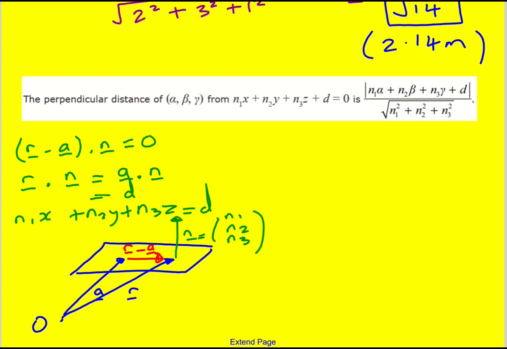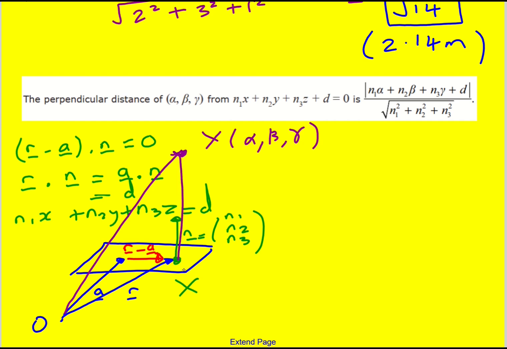So now I've got my point here, which I'm going to call X. And then I've got some other point up here, which I'm going to call Y. And this is going to have position vector, or coordinates, alpha, beta, gamma.